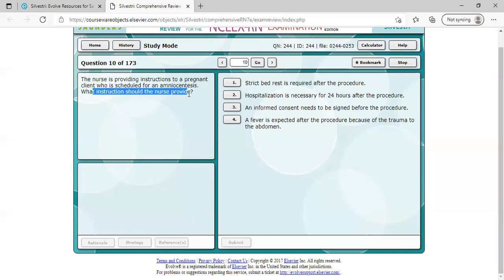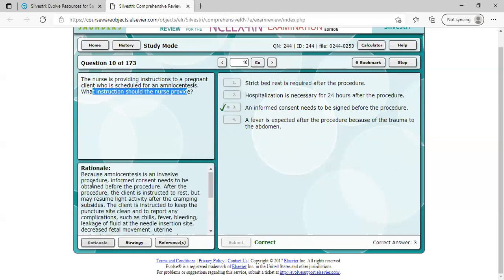The nurse should explain the procedure, then take the informed consent from the mother before the procedure, right? Very important. So number three is the best choice. A fever is expected after the procedure, maybe or maybe not, but this is the priority.